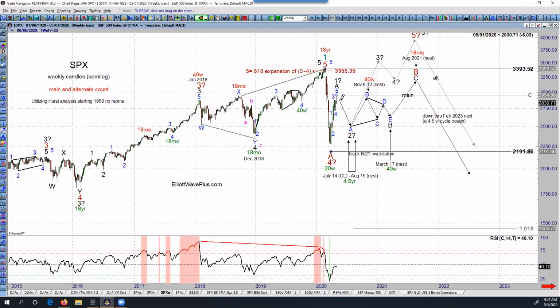It would have to go like this. And to be perfectly honest, if you're going to count this as a 1 and a 2, then that is your expectation. And when we combine that expectation with Hurst, that would be the angle of descent.